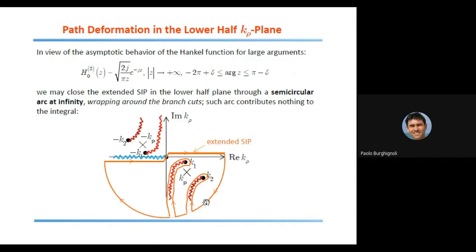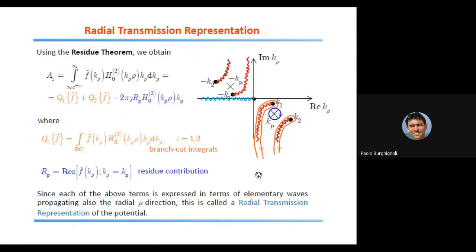So we need to detour around the branch cuts, as you can see in this plot, where the green curve indicates our integration path. Since the semicircular path at infinity is negligible, in the end, what we have done is that we have changed our extended Sommerfeld integration path to a pair of integrals that run along the two branch cuts here, plus the contribution of the pole, the Sommerfeld pole, which comes from the residue theorem.